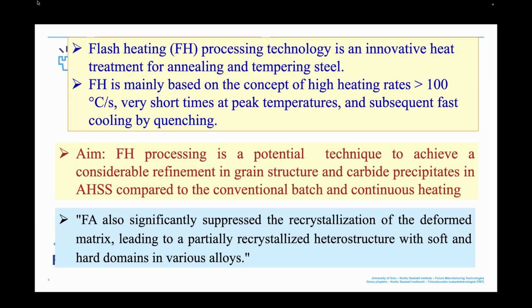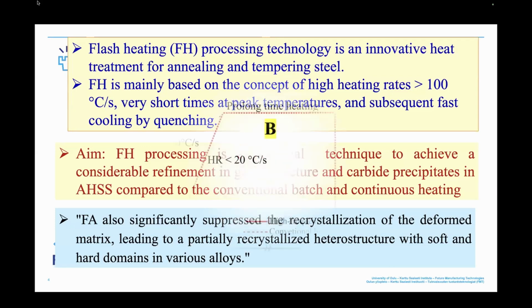This makes a fast heating rate of more than 500 centigrade per second, or sometimes up to 1000 centigrade per second, to suppress recrystallization, so you can control the recrystallization process.